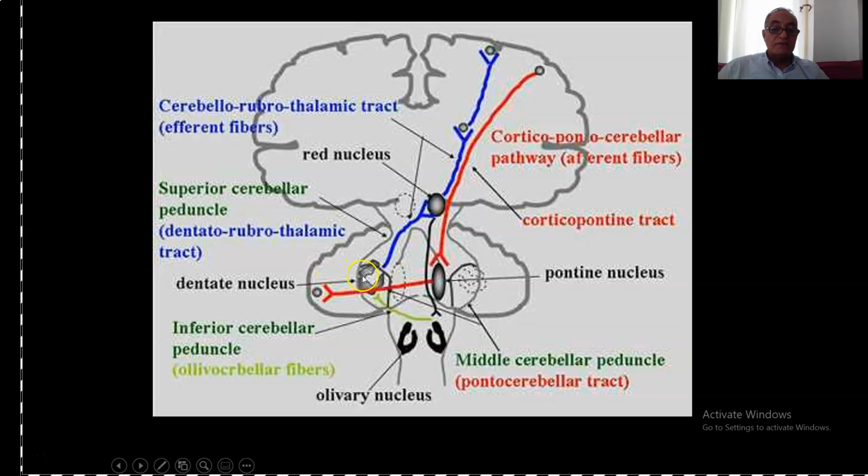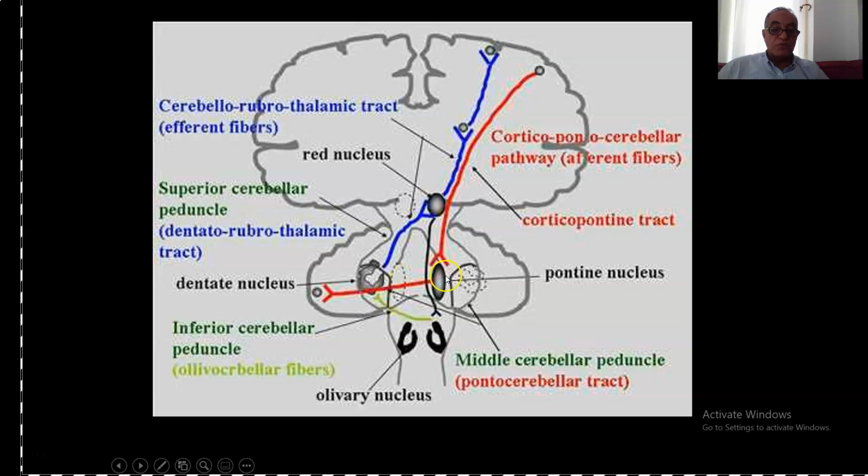So again, dentato, rubro, thalamo, anterior ventral nucleus of thalamus, fronto, ponto, cerebellar pathway.